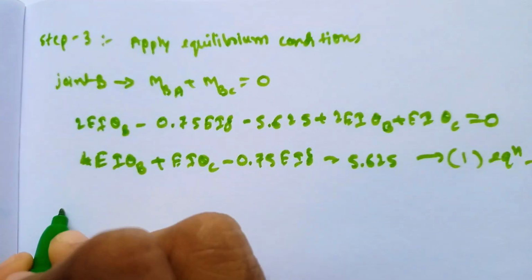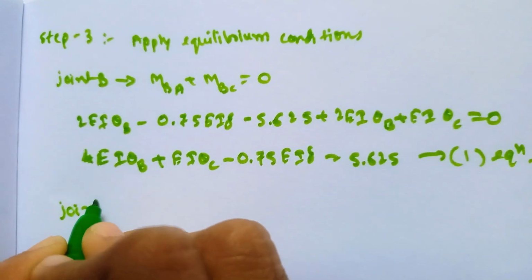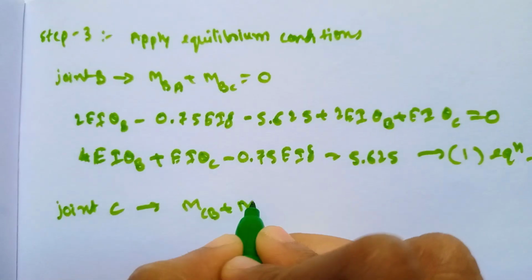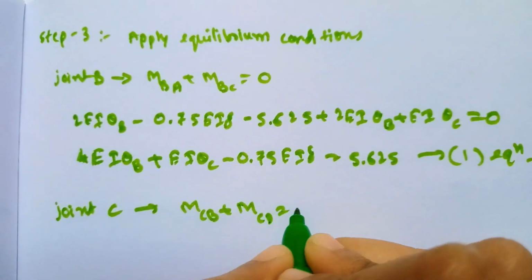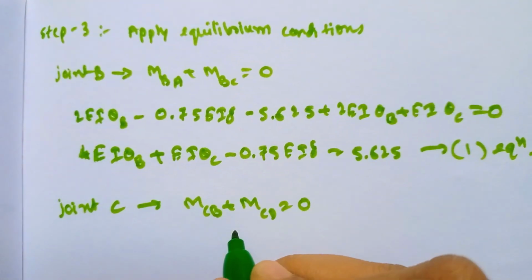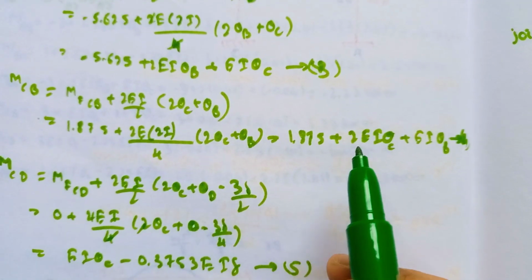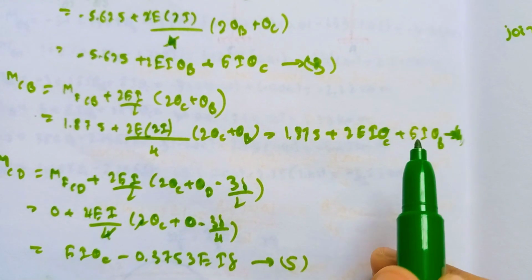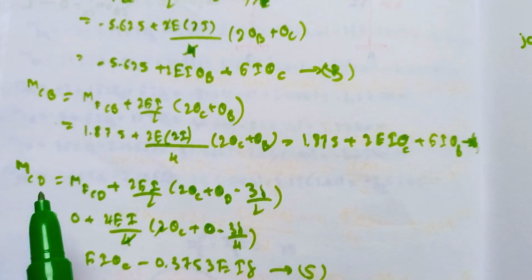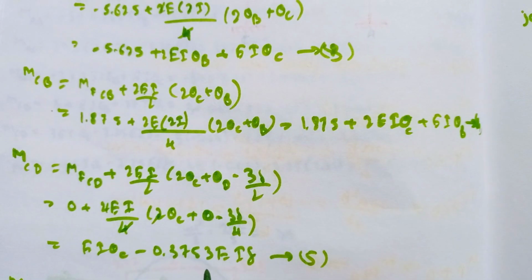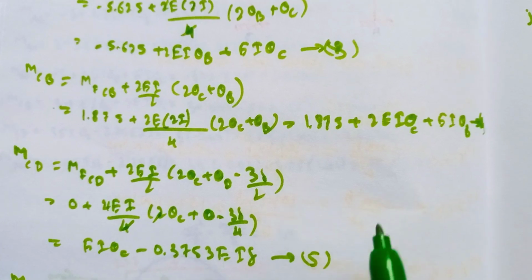Similarly, now we will see for joint C. For joint C, we have the formula MCB plus MCD is equal to 0. Now substitute values. MCB value we got was 1.875 plus 2 EI theta C plus EI theta B, and MCD value we got was EI theta C minus 0.375 EI delta.